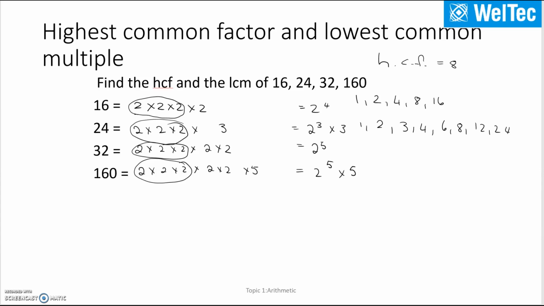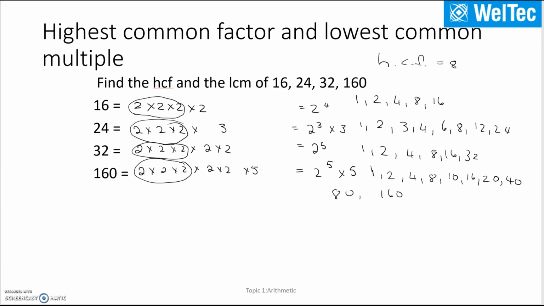The factors of 32 would be 1, 2, 4, 8, 16, and 32. And the factors of 160 we could write out as 1, 2, 4, 8, 10, 16, 20, 40, 80, and 160.